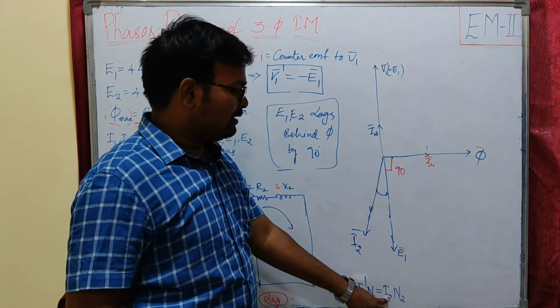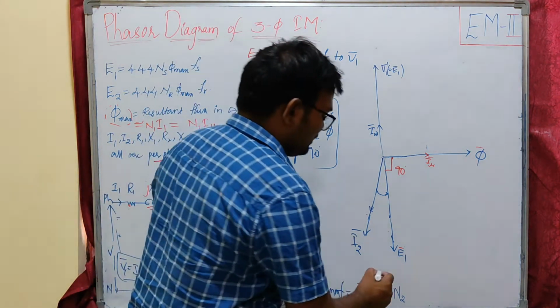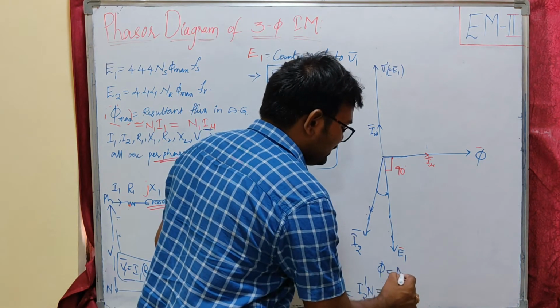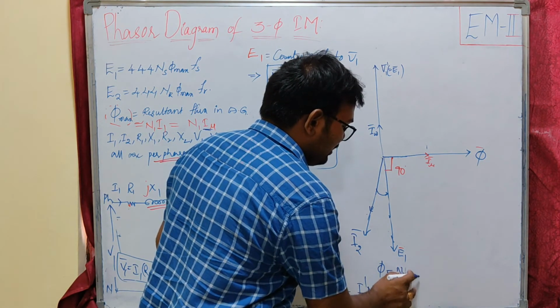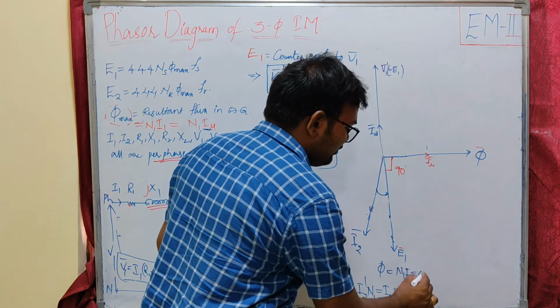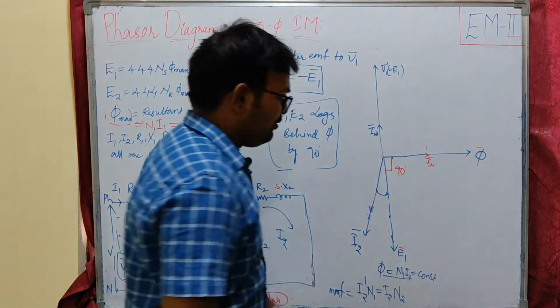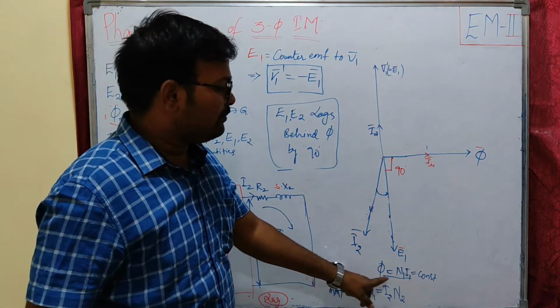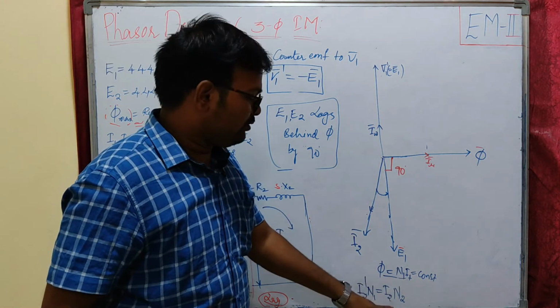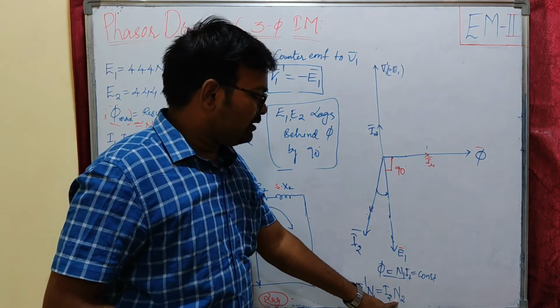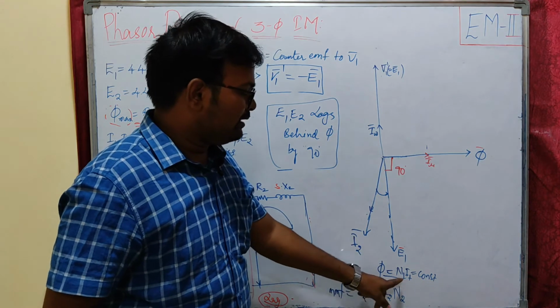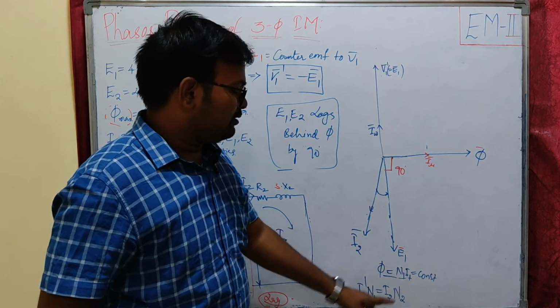This I2 will cause some disturbance in the resultant flux, which is due to I1 and N1. Actually this should be constant for an ideal machine. The resultant flux in the air gap is due to N1 and I1 only.